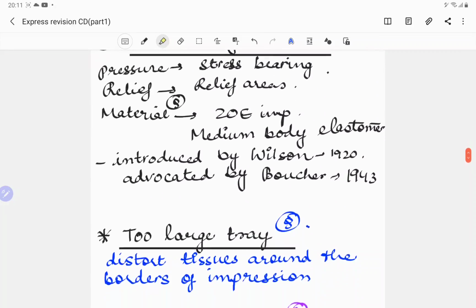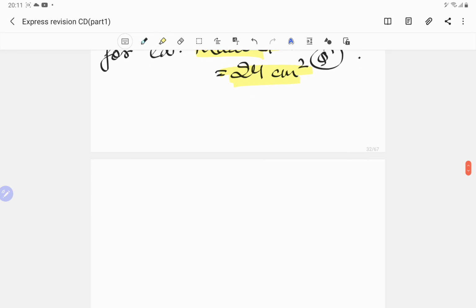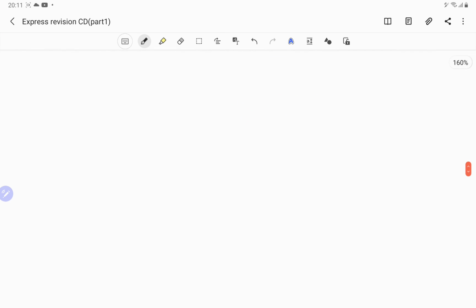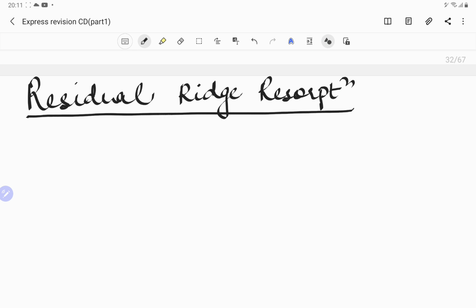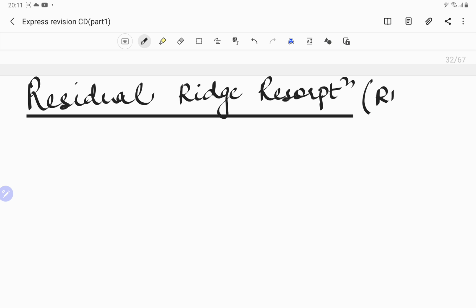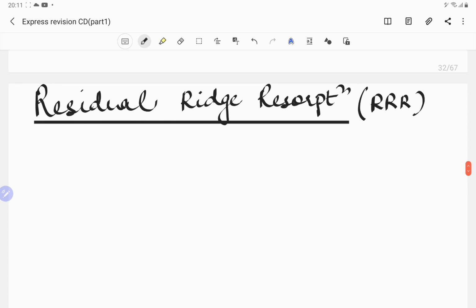So today's video will be starting with the RRR, residual ridge resorption. So residual ridge resorption, or we can say triple R, is basically, as the name suggests, residual ridge and resorption.